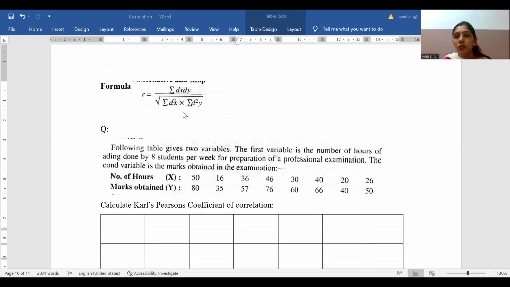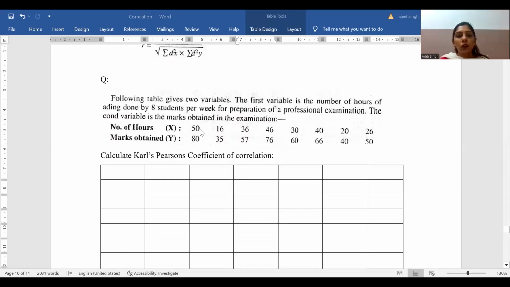As you can see on your screen, now let's solve this question. We will solve this question in the same process as we did the last question. We have to first calculate the mean from the given information for both the variables x and y.